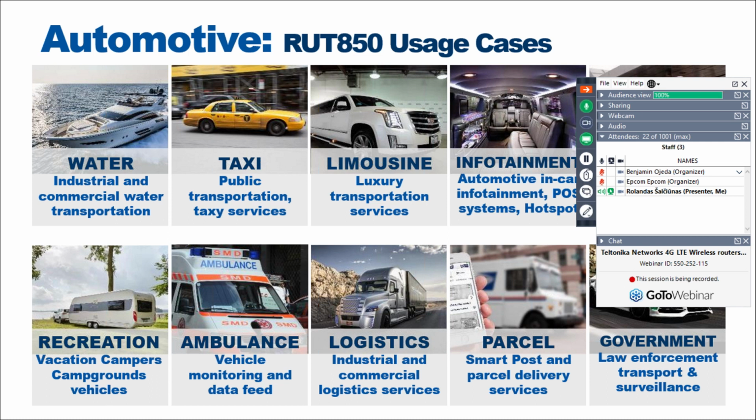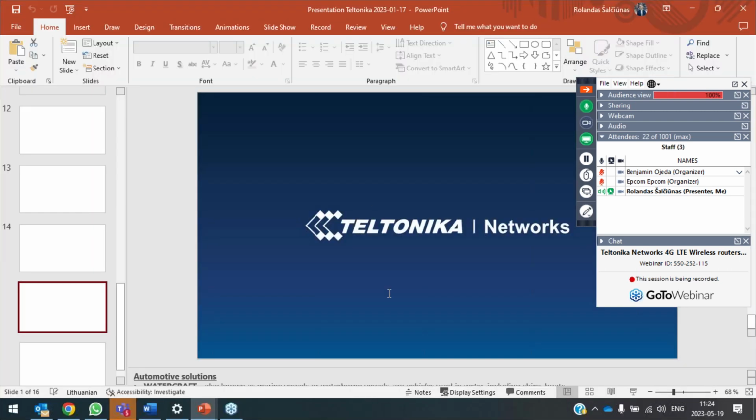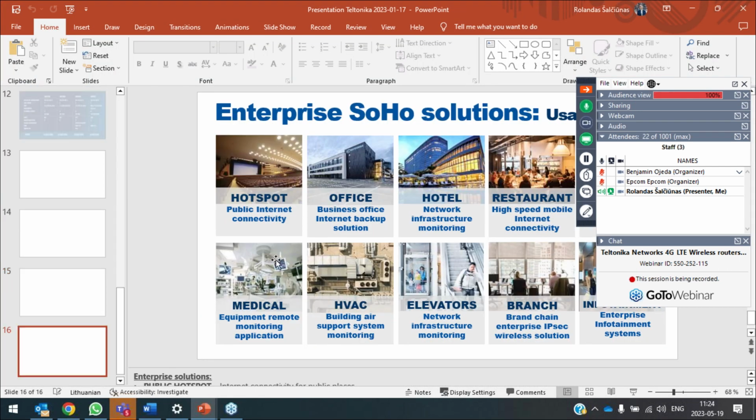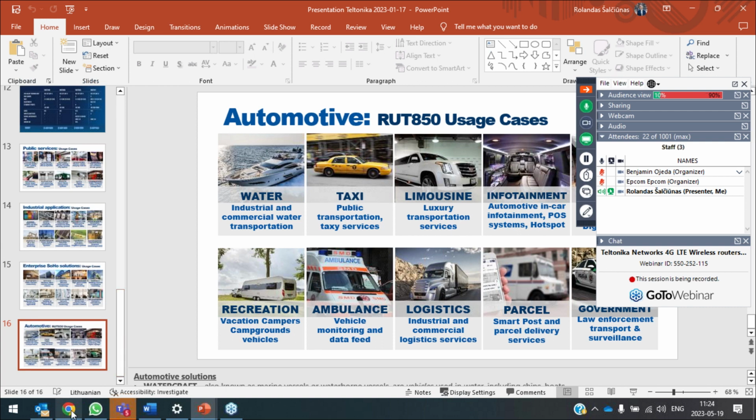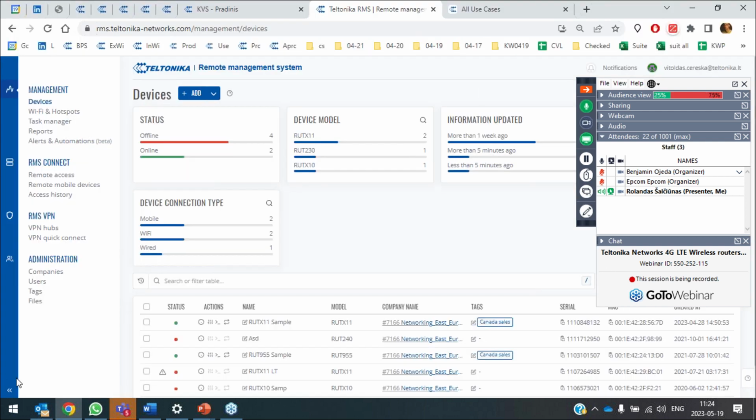Same with buses, you can use RT240 or RT360 if you need a little bit faster speed for the end users and customers to utilize the Wi-Fi on the bus. Sometimes you can also use RTX11 because it has a USB port and you can connect some media for entertainment, like run ads or videos on a special app where users can watch movies. So on tour buses, RTX11 and or RT955 is a really good idea.